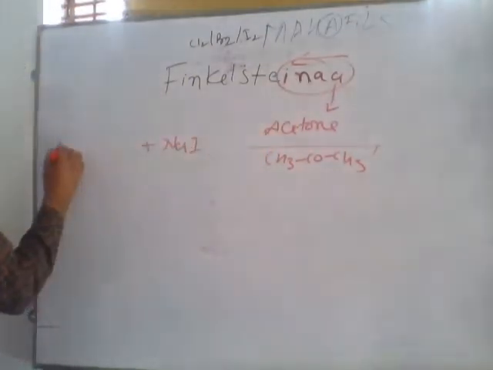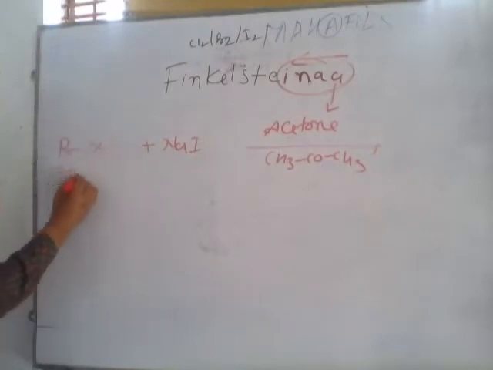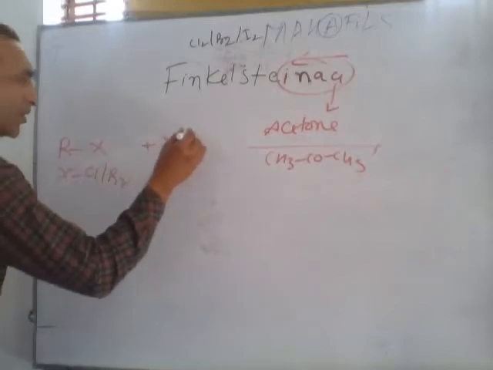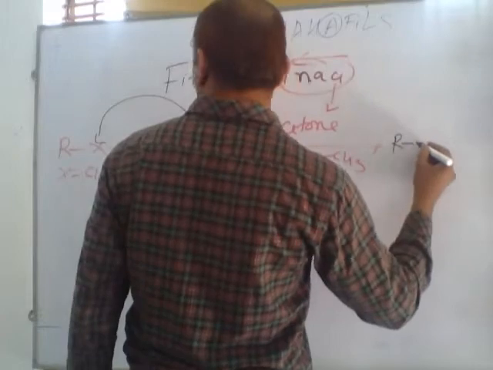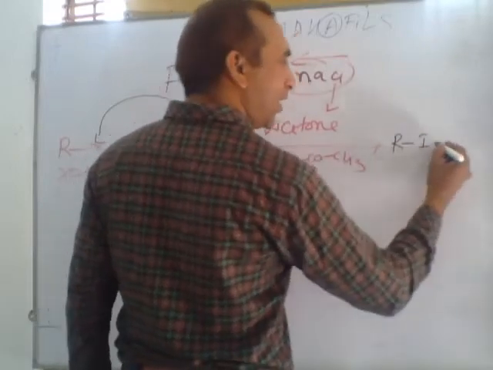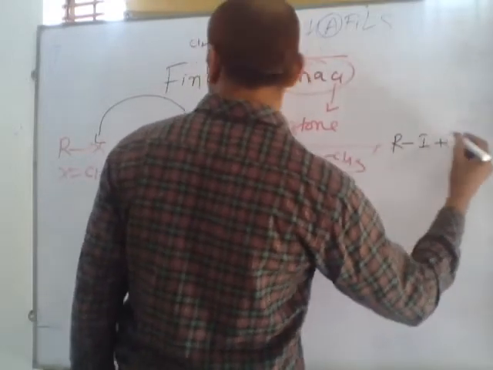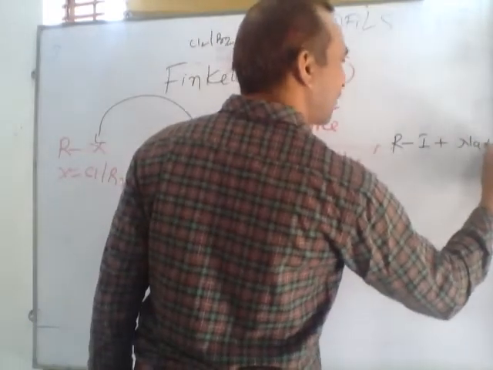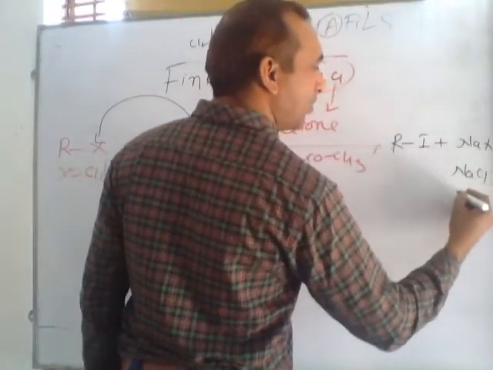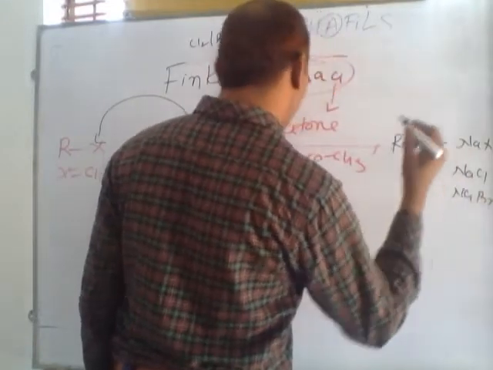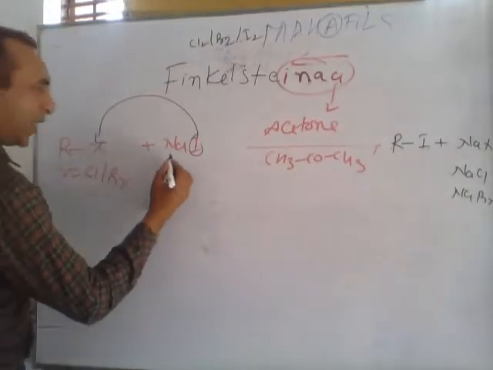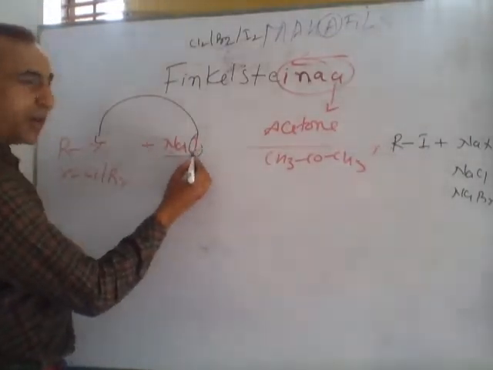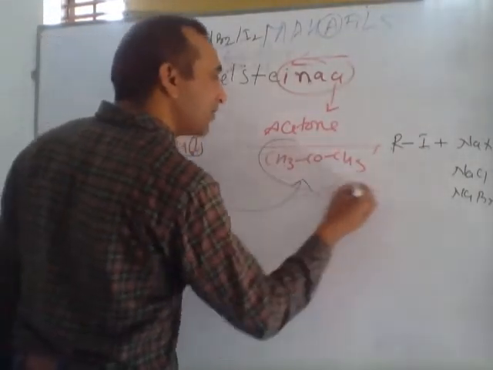Here NaI reacts with RX, where X may be chlorine or bromine. The iodine replaces X to give RI, an iodoalkane, along with NaX, which may be sodium chloride or sodium bromide. The principle of this reaction is that sodium iodide is soluble in this liquid.